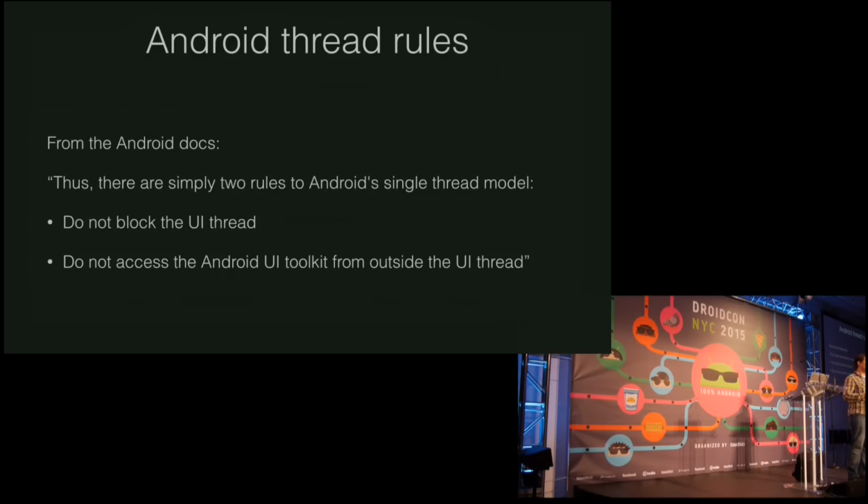But what it actually checks is that you are operating on the view from the same thread that created the view. So if you inflate your view on the instrumentation thread and then operate on it, you're operating on the same thread, so it's not going to throw those exceptions. And apparently it works, because they're going to open source that library, which could be useful.